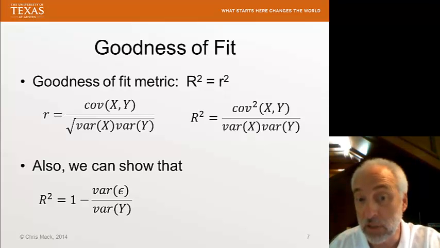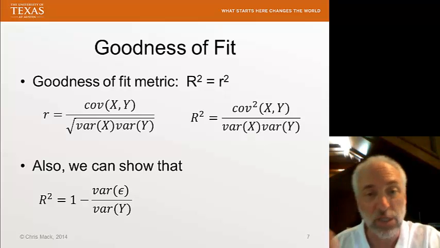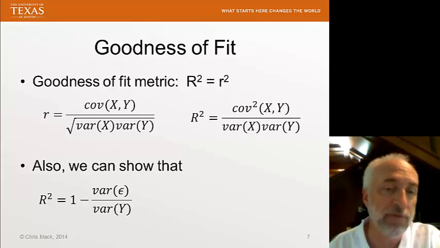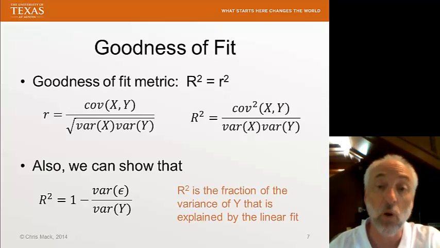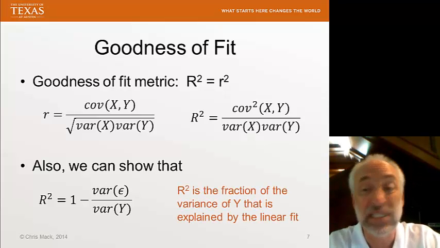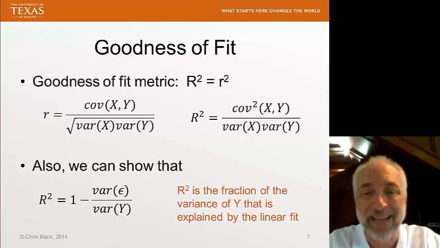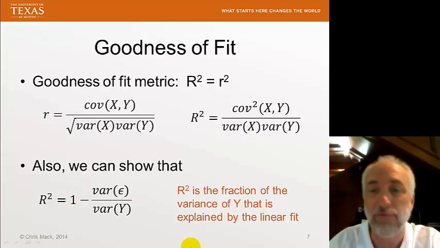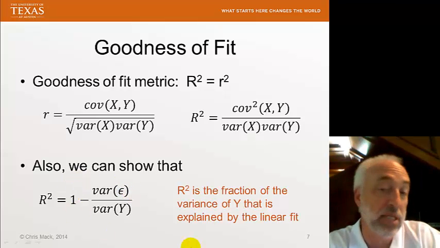Remember, the residual is the variation that's not explained as being linearly affected by x. So, r squared is quite simply the fraction of the variance of y that is explained by the linear fit. This is the fraction that's not explained by the linear fit. 1 minus that, the fraction that is explained by the linear fit.